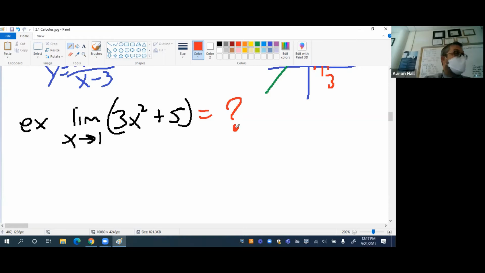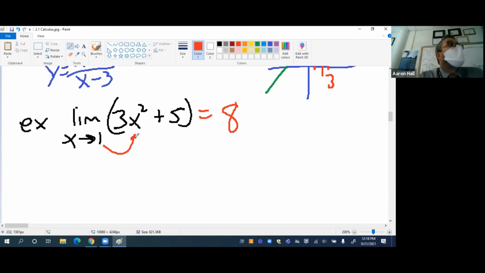Anybody? Yes, sir, Thomas. 8. Does everybody else have 8? How did you get 8? Well, in this case, you can see that it's a continuous graph. There's no hole. So I just take that 1, plug it in, and that gives us the answer. 1 squared is 1 times 3 is 3 plus 5 gives us 8. We good with that?